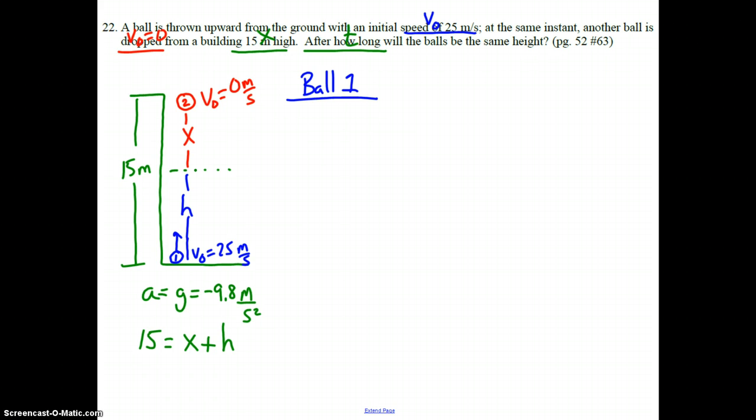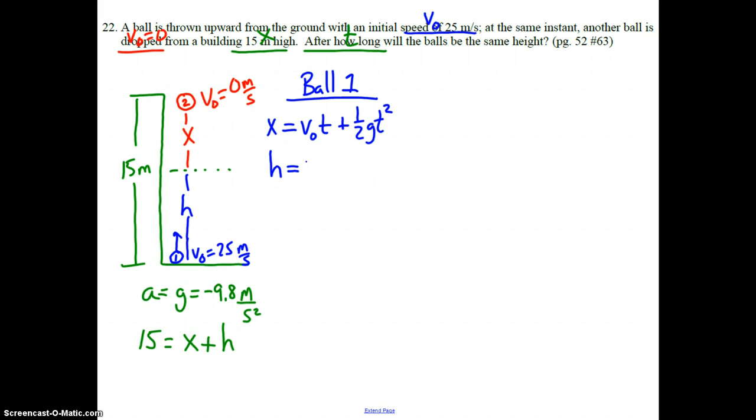What would be ball 1's motion equation? Well, based on all the given information, it would be x equals v0t plus 1/2 gt squared. The x value that we're assigning is h.